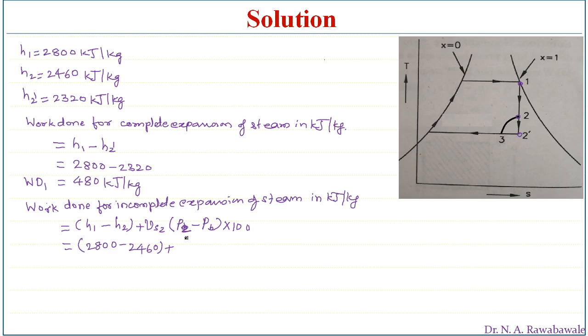So here the pressure is 3 bar, from the steam table at a pressure of 3 bar, the volume is 0.605.